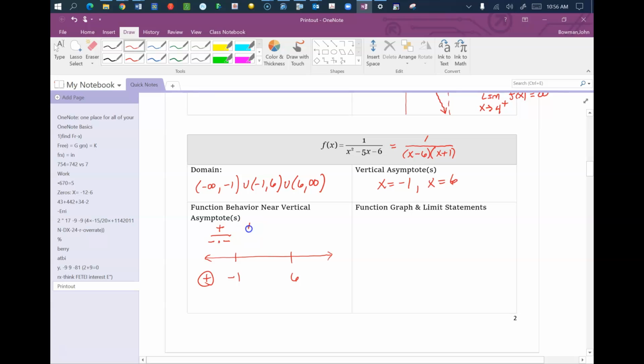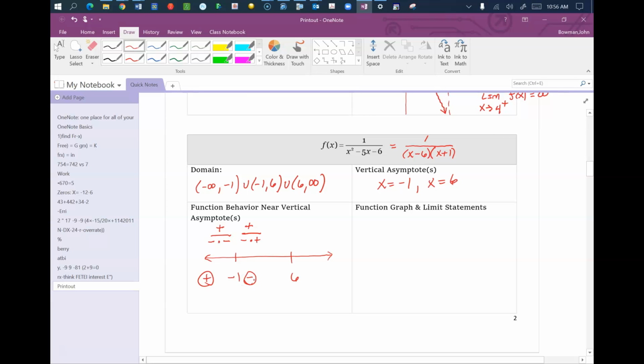Our numerator is positive always. -0.9 minus 6 is negative. -0.9 plus 1 is positive, so you have a negative times a positive. So you have a positive divided by a negative, which is a negative.